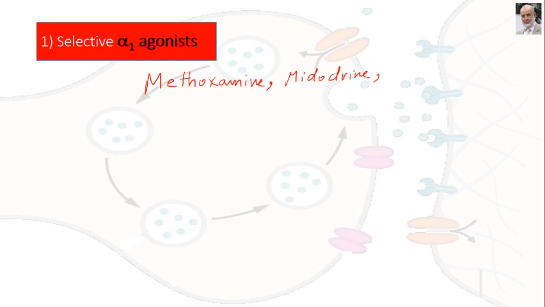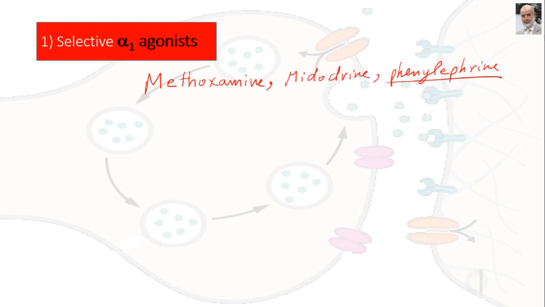And the third drug, which I don't favor classifying in this class, is phenylephrine. I will keep phenylephrine to the last because I think it's not a pure alpha-1 agonist. It has alpha-1 agonist activity, plus it has a beta activity, as we will see later.